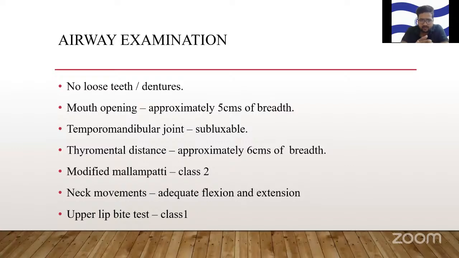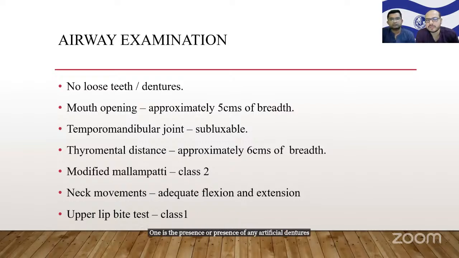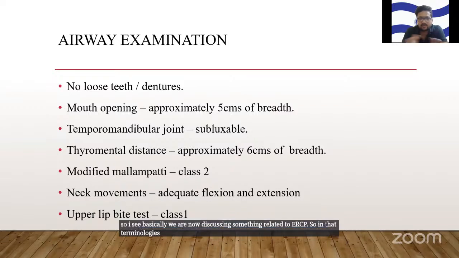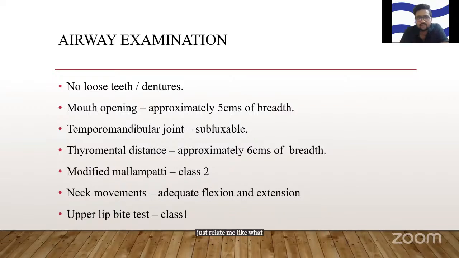When you're examining the airway for a patient posted for ERCP, what are the most important points to be highlighted? One is the presence of any artificial dentures or any loose teeth. Relating it to ERCP, why do you want to look at the teeth and dentures?